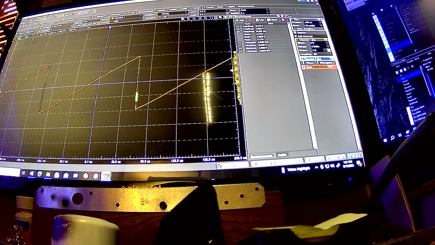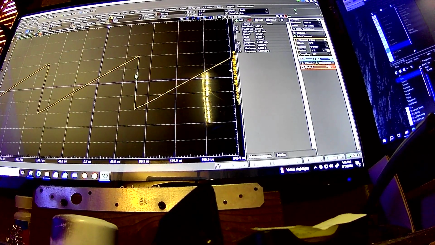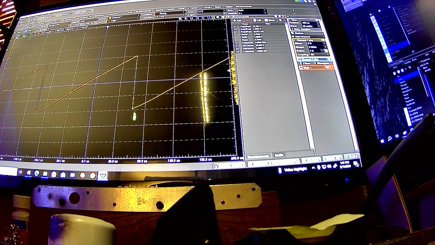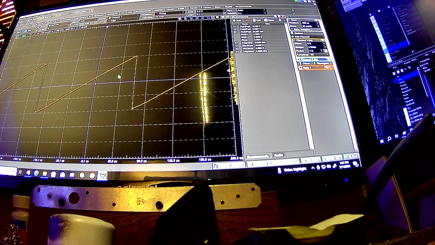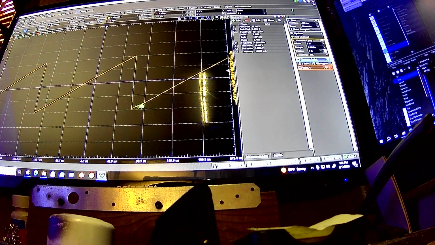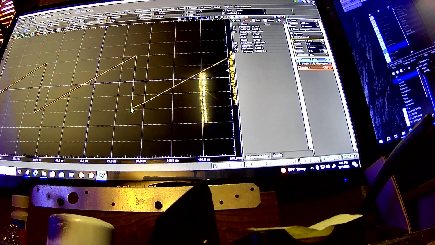op amp, because this op amp actually generates rounded corners instead of having the overshoot. I haven't really seen much overshoot in this op amp, but what it does instead, it has some kind of a filter or something related to the slew rate.